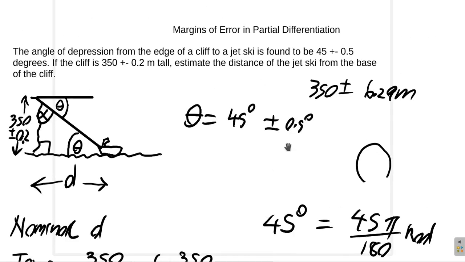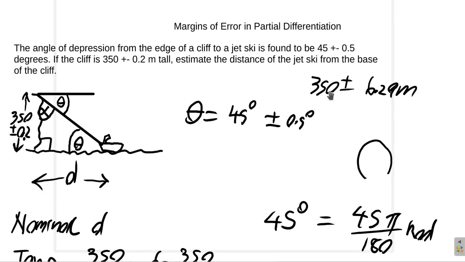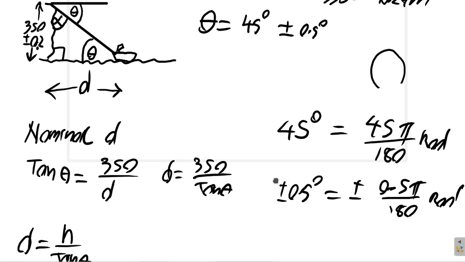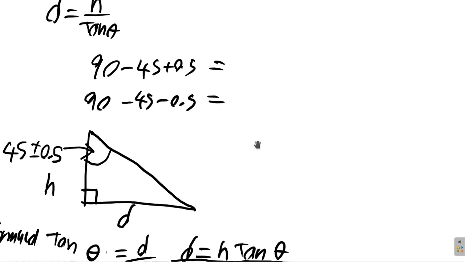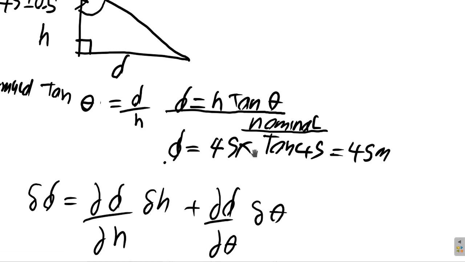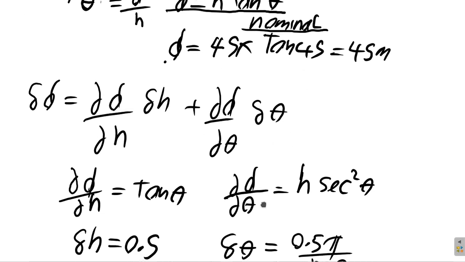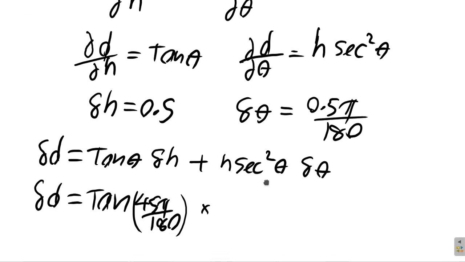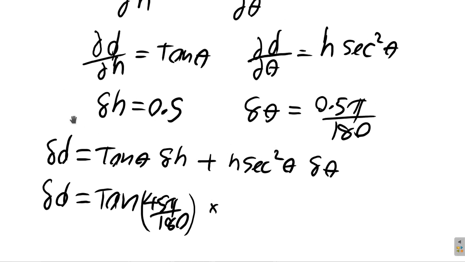What did the question say? Height 350 plus or minus 0.2. Yes, it is the angle that changed by 0.5, but the small change in h is 0.2. So times 0.2.